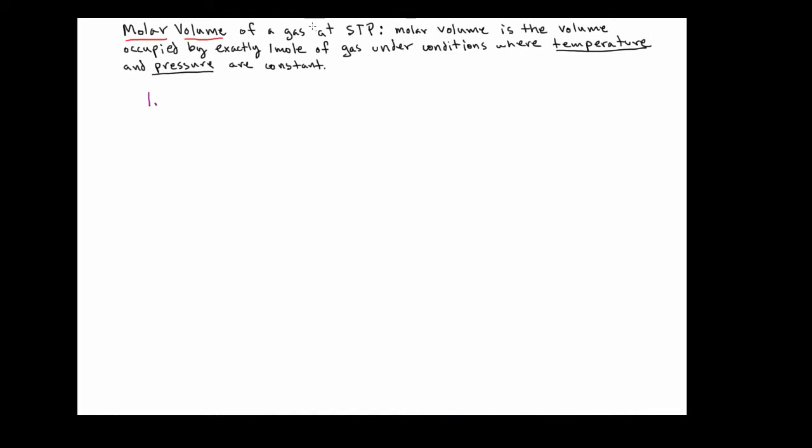So the first thing we're going to do is stipulate what's called STP. And STP is standard temperature and pressure. All right, so in the definition of molar volume, what I specify here is that we're going to determine the volume of exactly 1 mole of gas under conditions of constant temperature and pressure.